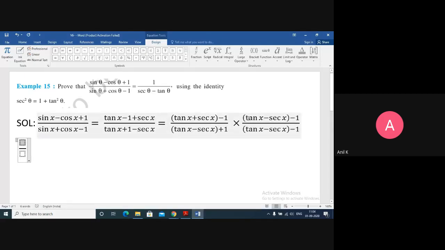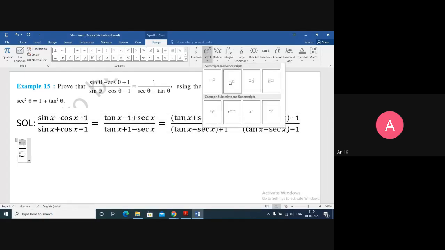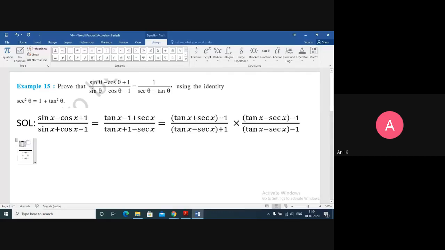First tan into tan, tan square x will come. So it will go for tan square x, then tan into sec x, and plus into minus is minus, so you will get minus tan x into sec x, then tan x into minus 1, minus tan x.